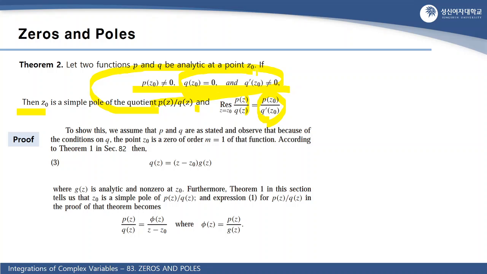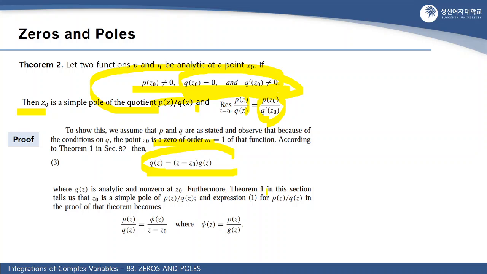According to theorem 1 in section 82, we have this Q of z, because z naught is a 0 of order m, so it can be expressed by this: z minus z naught times g of z, where g of z is analytic and non-zero at z naught.